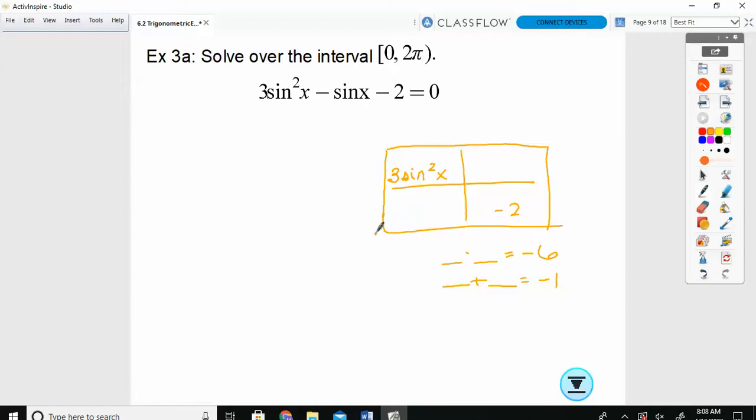What multiplies to -6 and adds to -1? Each of those gives a sine x. So if we factor, we can take out 3 sine x and 2. So we can take out sine x and -1.